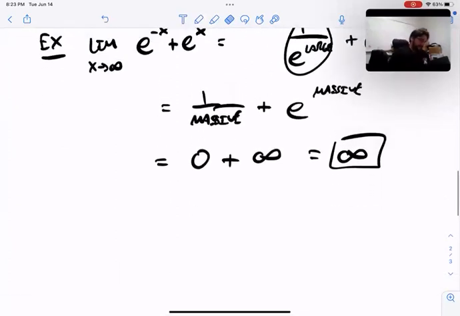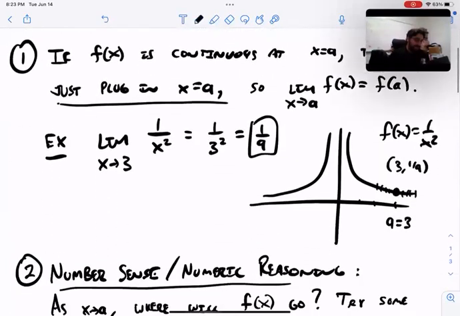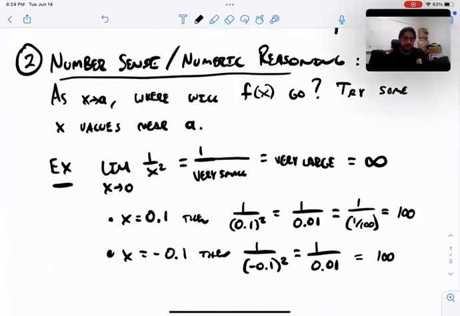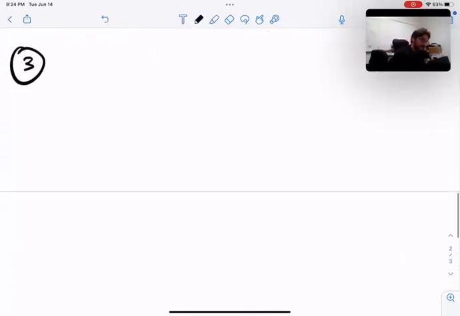All right, so suppose that doesn't work. Suppose it's not continuous, suppose you can't just plug it in. Suppose you can't just do this sort of number sense numerical reasoning, then you might try to apply some sort of rewriting, like factoring or a conjugate or a substitution.